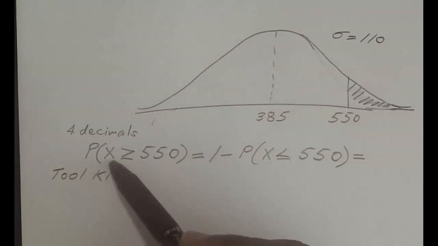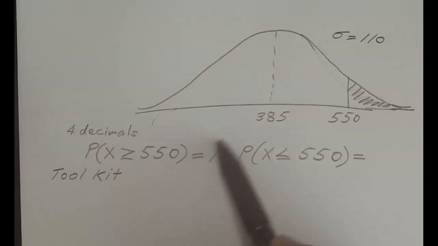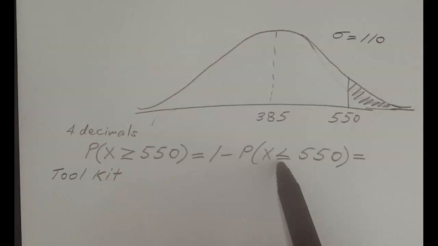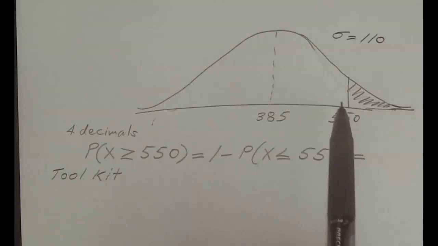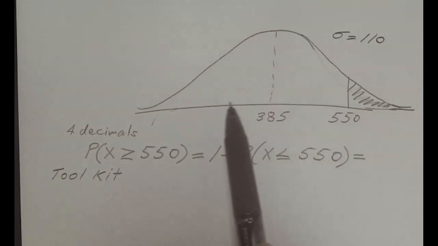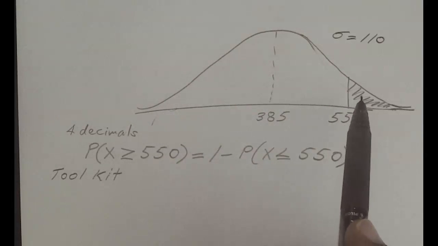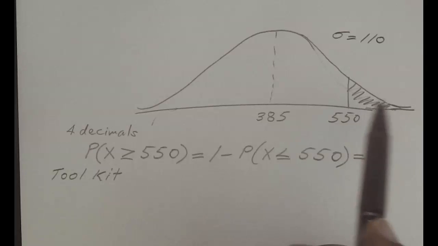The probability that x is greater than or equal to 550 is equal to 1 minus the probability that x is less than or equal to 550. So we simply take the probability that x is less than 550, all of this area here, subtract it from 1, and that gives us the area under the curve in this upper tail.